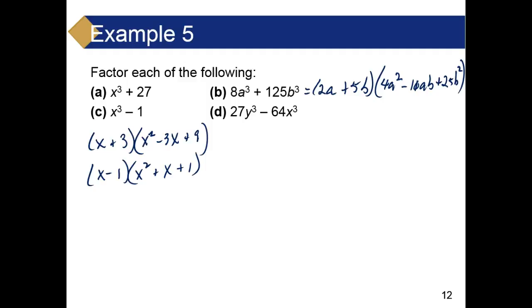Okay. Next, how about this one? Can we do that? What would that be? 3y minus 4x times 9y squared plus 12xy plus 16x squared.